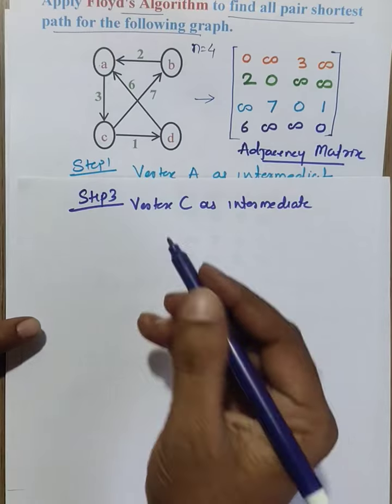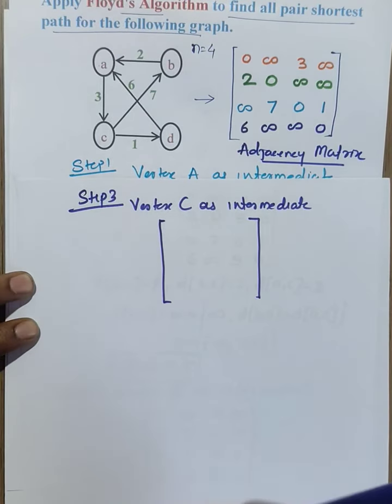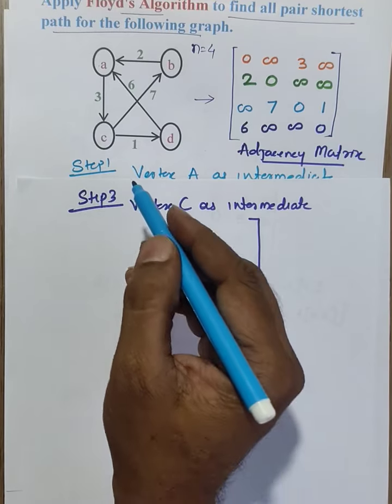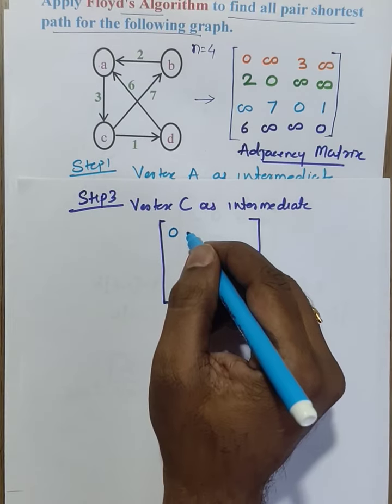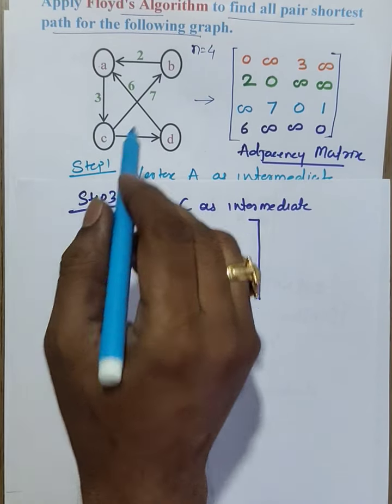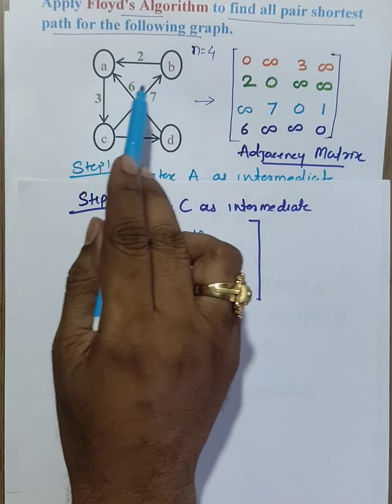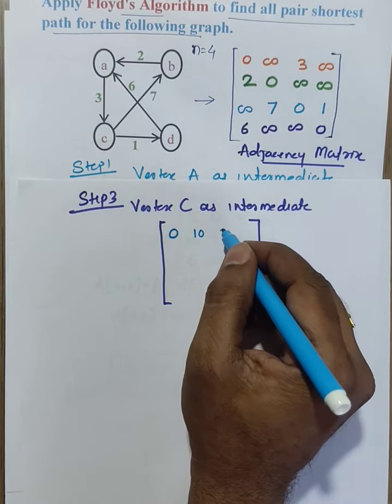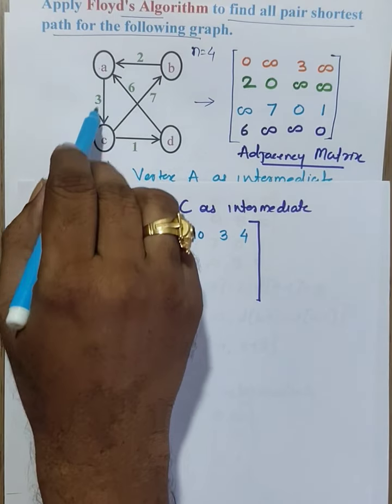So from vertex C, A to A is 0, A to B is 3 plus 7, 10, A to C is 3, and A to D is 4, 3 plus 1.